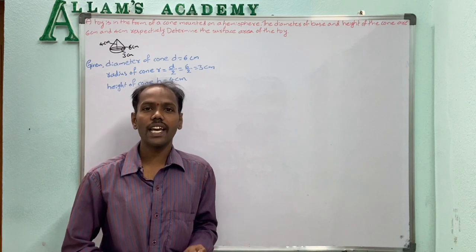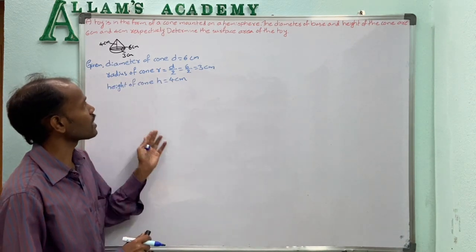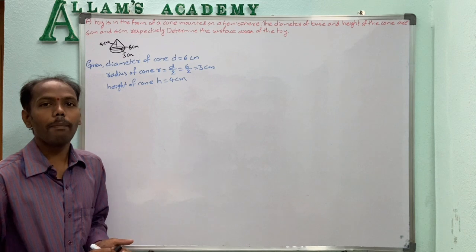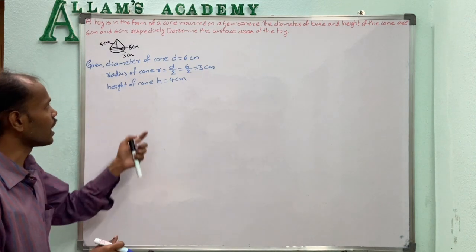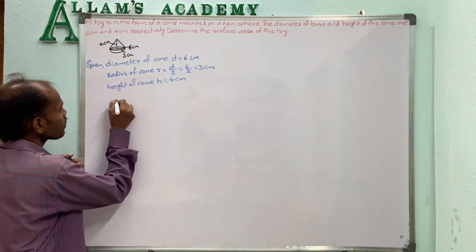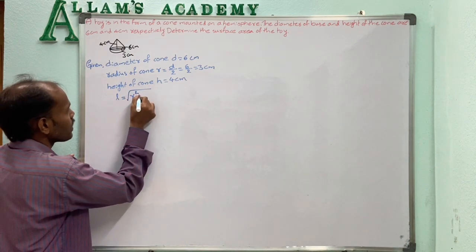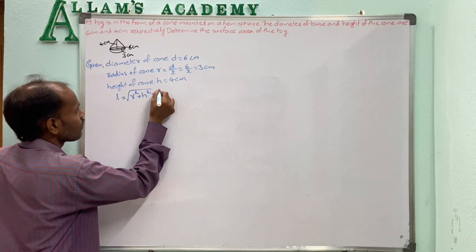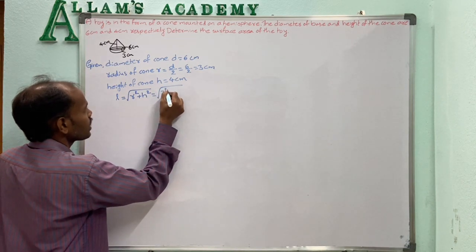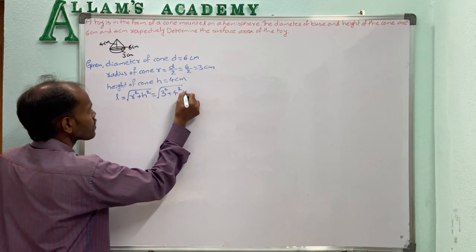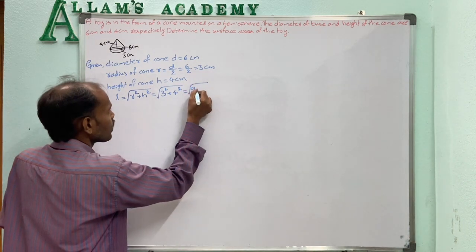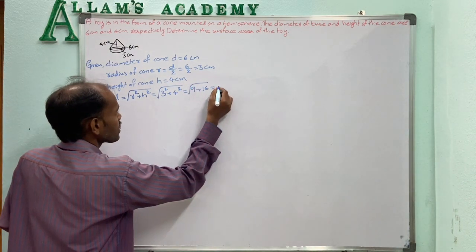So the curved surface area of a cone is πrL. Here we have to find the L value. So L = √(r² + h²) = √(3² + 4²). So 3² = 9, 4² = 16.